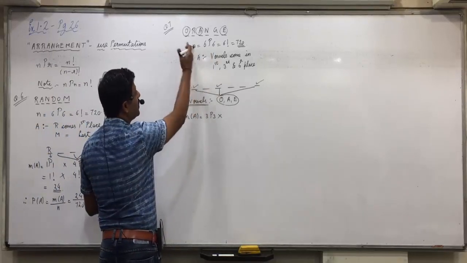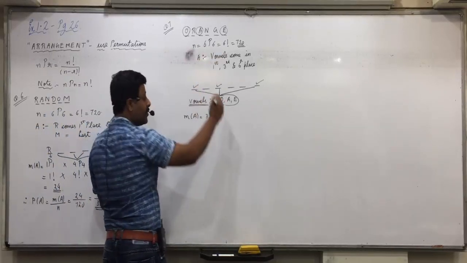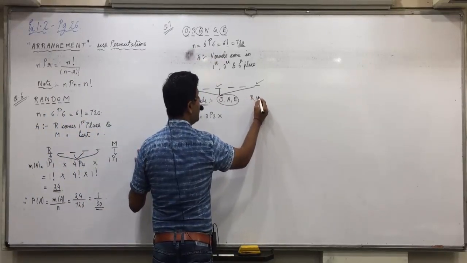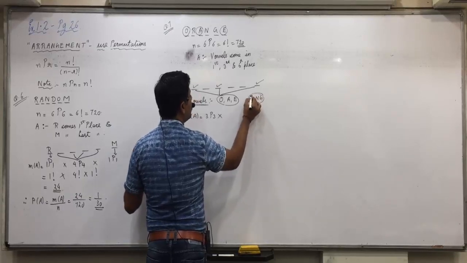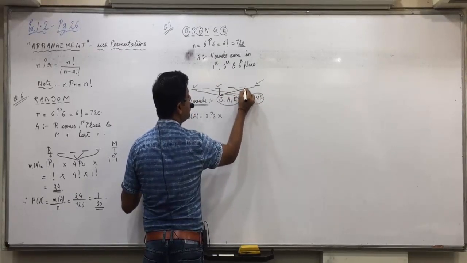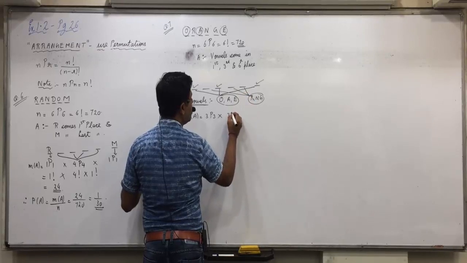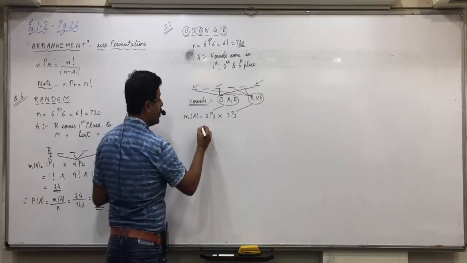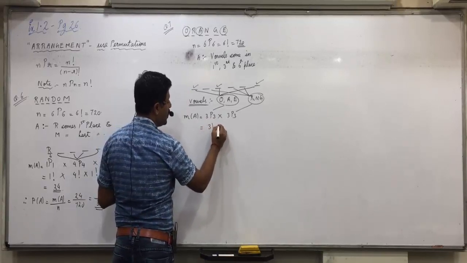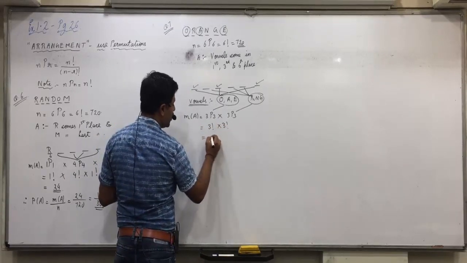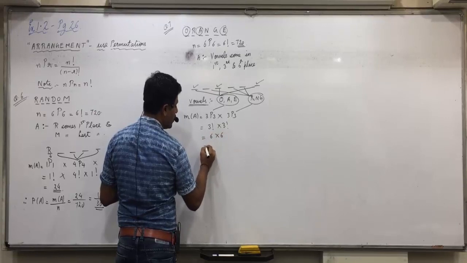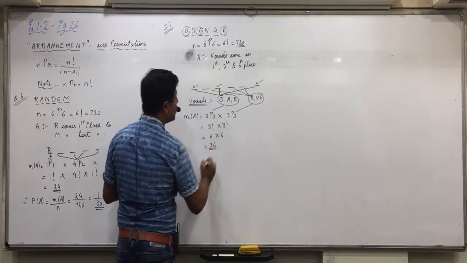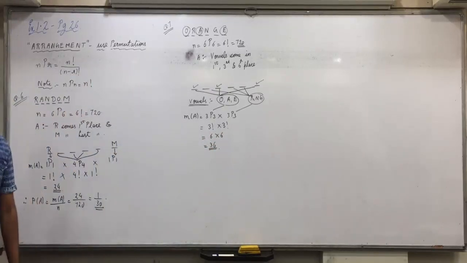And the remaining three letters R, N, and G, you'll arrange in these three places. So this can be done in again 3P3 ways. Did everyone understand it? So 3 factorial into 3 factorial, 6 into 6, 36 ways. Anyone who did not understand it?